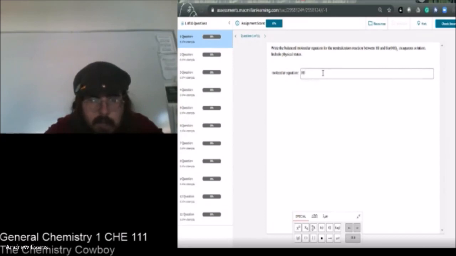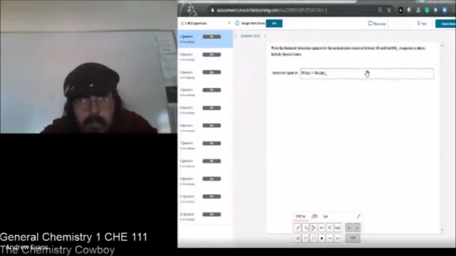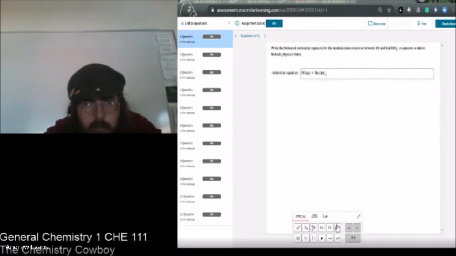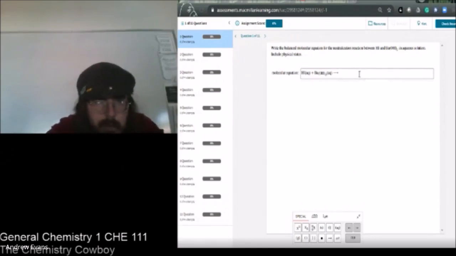So what we're looking at here is HI, and we'd put in aqueous, plus Ba(OH)2 aqueous, and do the arrow. And then I'd have H2O liquid.